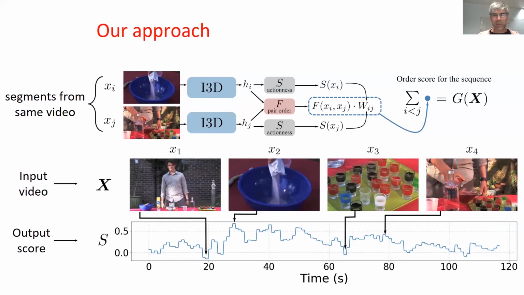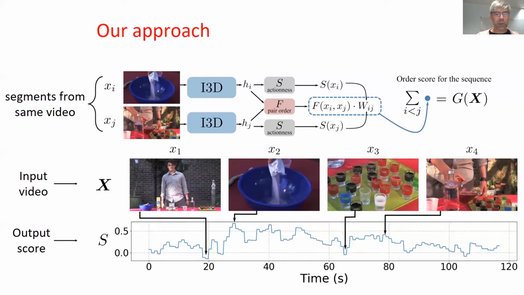Now we don't have any supervision for S; it is given from the auxiliary task of learning F for the order verification. At test time, we are not using F at all. One could use F for some other tasks, but F is just an auxiliary task.